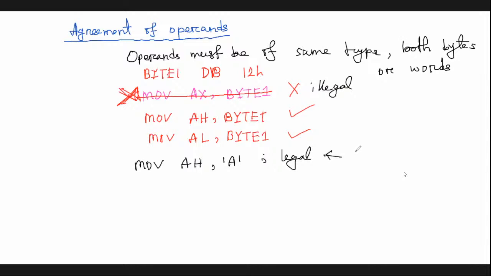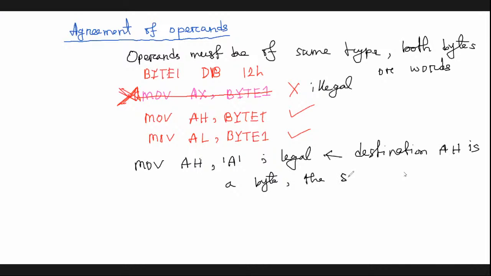Why is it legal? Because the destination AH is the high byte of register AX. H is a byte.